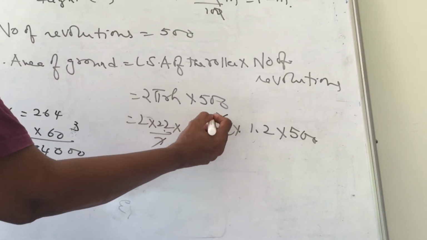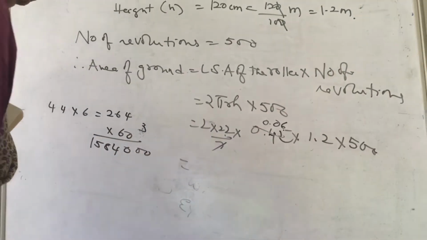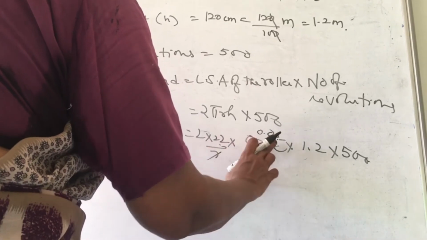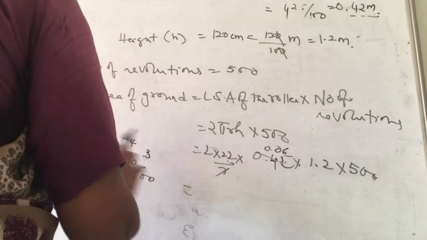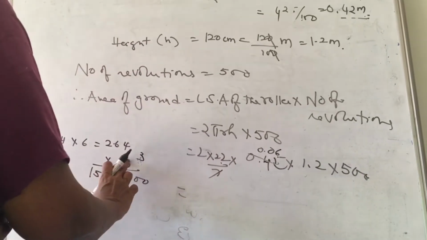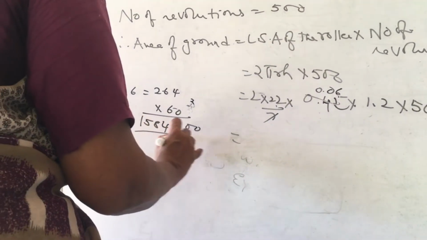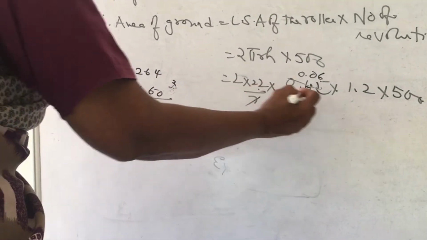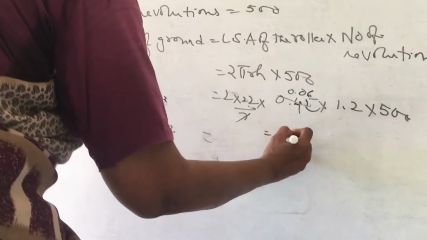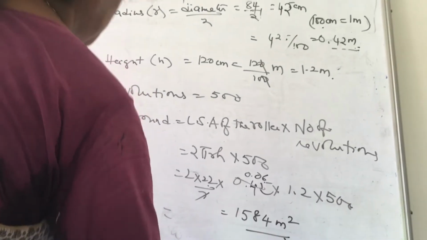Count the digits. 1, 2, 3. 44 into 6, 264 into 12. 5 6s are 30... 6 4s are 24, 38, 15804. How many digits after the point? 3 digits. So it is 1584 meters squared, the area of the ground.